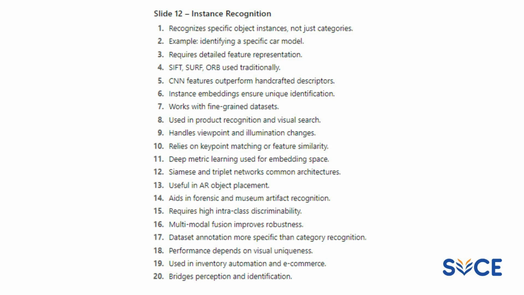With deep learning, instance recognition becomes more powerful and scalable. Like CNN models, based on embedding models where networks like ResNet, VGG, and Inception extract deep features that capture the subtle differences between instances. Second one is a Siamese network, which learns to compare two images and determine if they belong to the same instance. It's also used in face verification and product matching tasks.